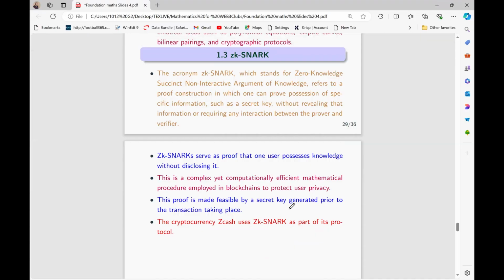Now, so this proof, the ZK-SNARK, is made possible by a secret key, which is generated prior to the transaction taking place. Of course, the example we looked at earlier on, we talked of somebody encrypting a message and so on. Then when you encrypt, you put that on the blockchain. So the process of encrypting requires that there is some key, a secret key, and this secret key will be generated before the transaction takes place.